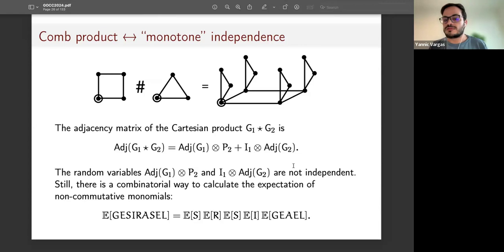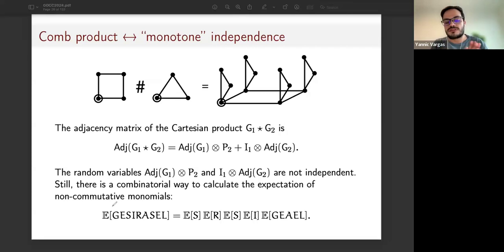Again, those two matrices do not commute, they are not independent, and still there is a combinatorial formula to calculate the expectation. In this case, here I take a shuffle of the words Ira and Gessel. What you have to do is look at, so you start, so let me find, yes. The random variables, again, are matrices, but now you have to consider a total order on the matrices.